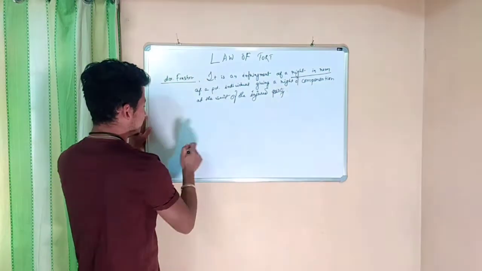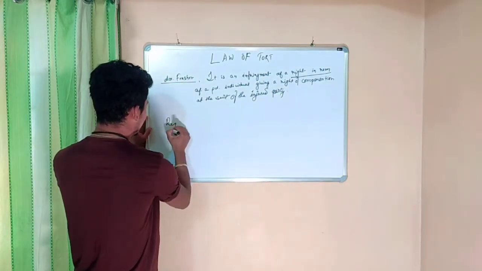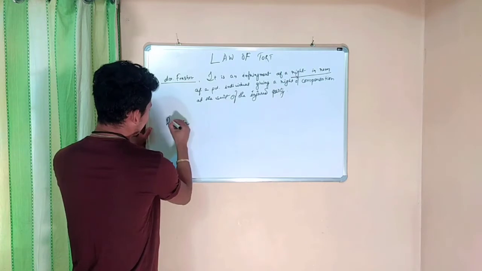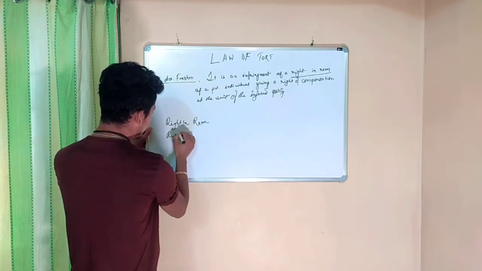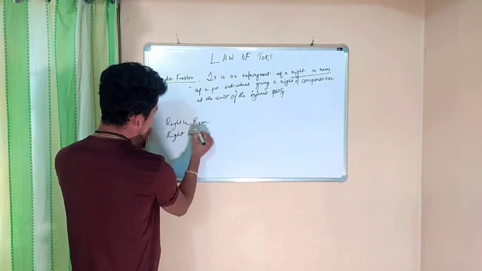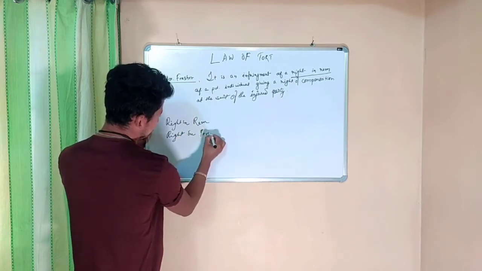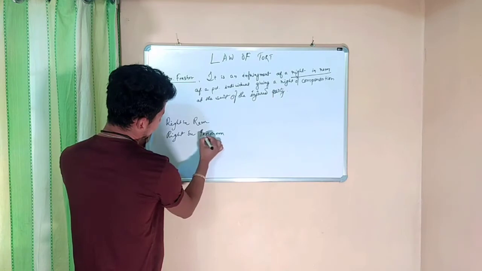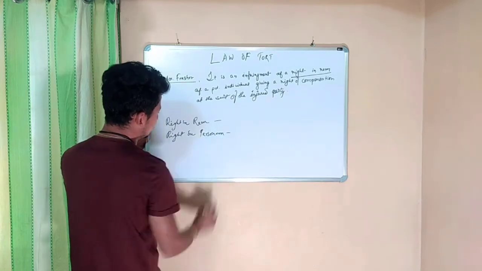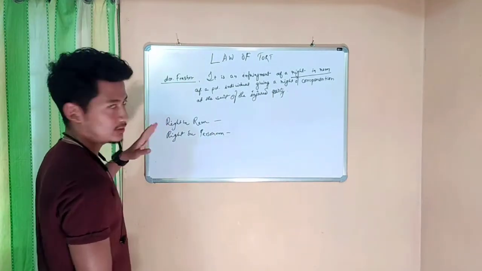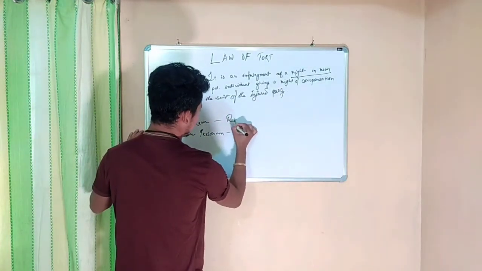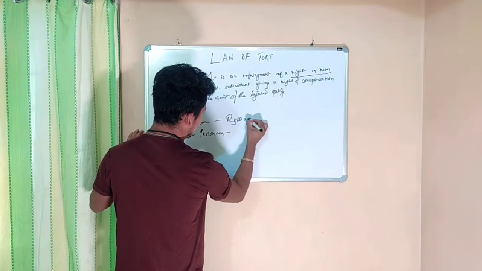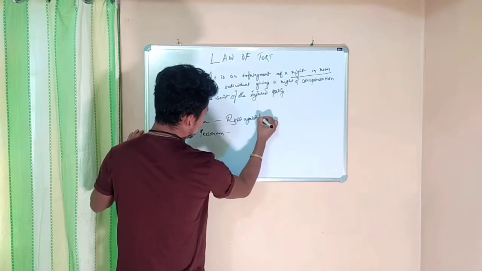There are two terms: right in rem and right in personam. So what is right in rem? Right in rem is a right against the whole world.